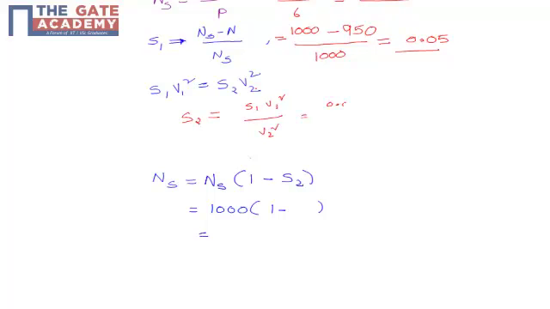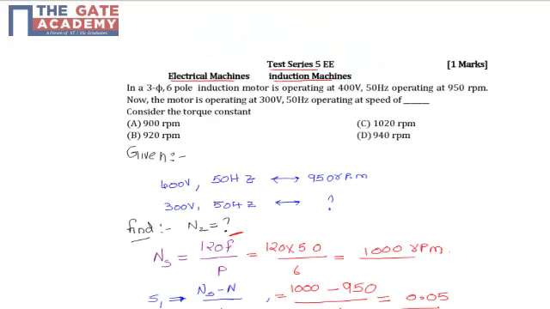S1 we calculated as 0.05, into V1 is given 400 volts, by V2 is 300, square. After solving this, we will get the value of S2 as 0.08, that is 8%.